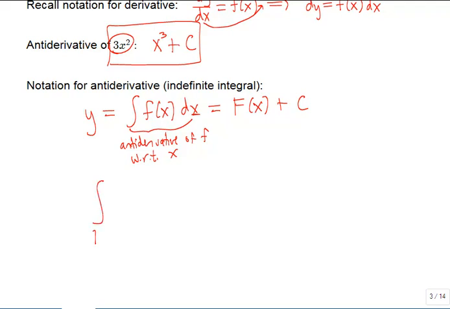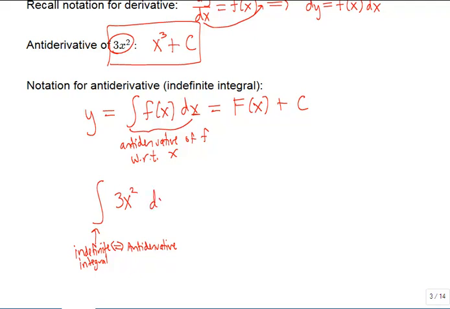This is called an indefinite integral. And it is synonymous with antiderivative. So if you see that integral symbol, in words, that just means find the antiderivative of whatever function you see inside. And I'm going to write that 3x squared on the inside.